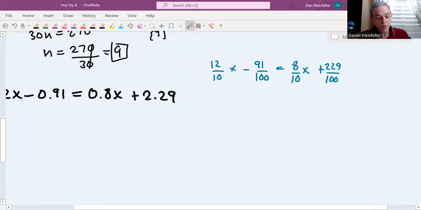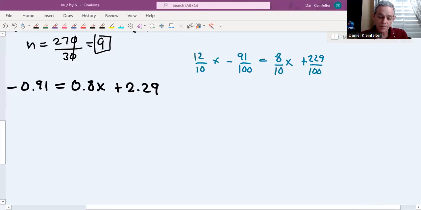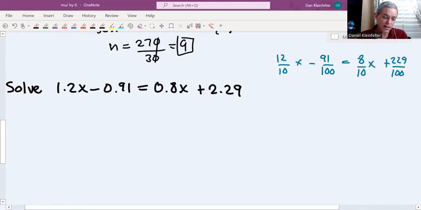So if we turn all the ones with 1 digit behind the decimal point, like this 1.2, we'd make that 12 tenths. If we do that throughout the equation, we end up with this 12 tenths x minus 91 100ths, and so on. So the denominators we have are 10 and 100, and the LCD for 10 and 100 is going to be 100. So we're going to move the decimal point over 2 places throughout.